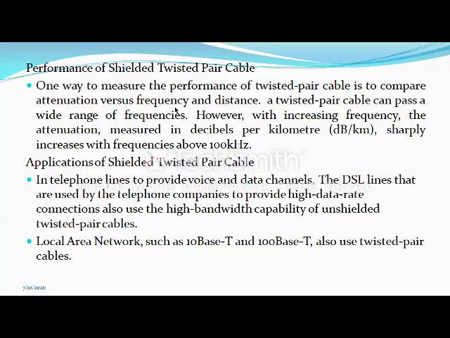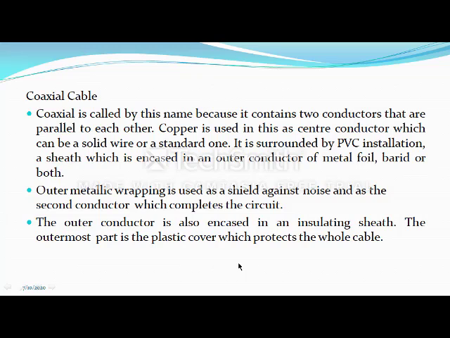So, twisted pair cables are used in telephone lines and DSL lines to provide high data rate. Local area networks such as 10 base T and 100 base T also use twisted pair cables.